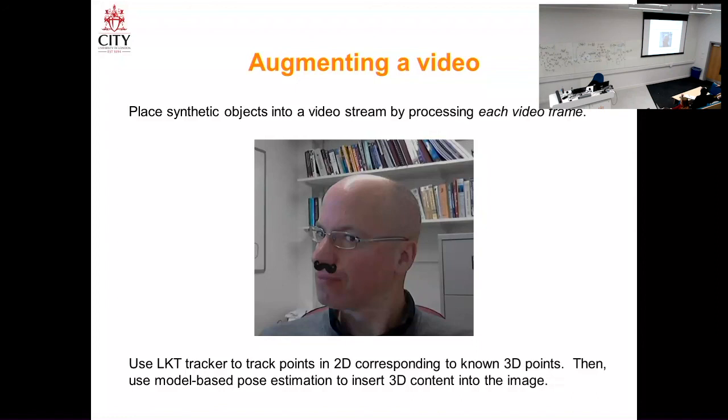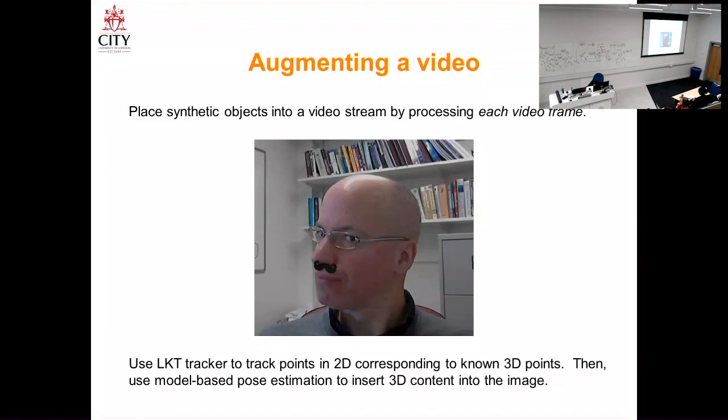We actually tracked the eyes and the nose and the mouth. And we made some simple geometric assumptions in 3D about those points, like the separation between the eyes is 60 millimeters and so on. Essentially we created a 3-dimensional coordinate system on the face. And then those 3D points projected to 2D. We tracked those points using the 2D tracker.